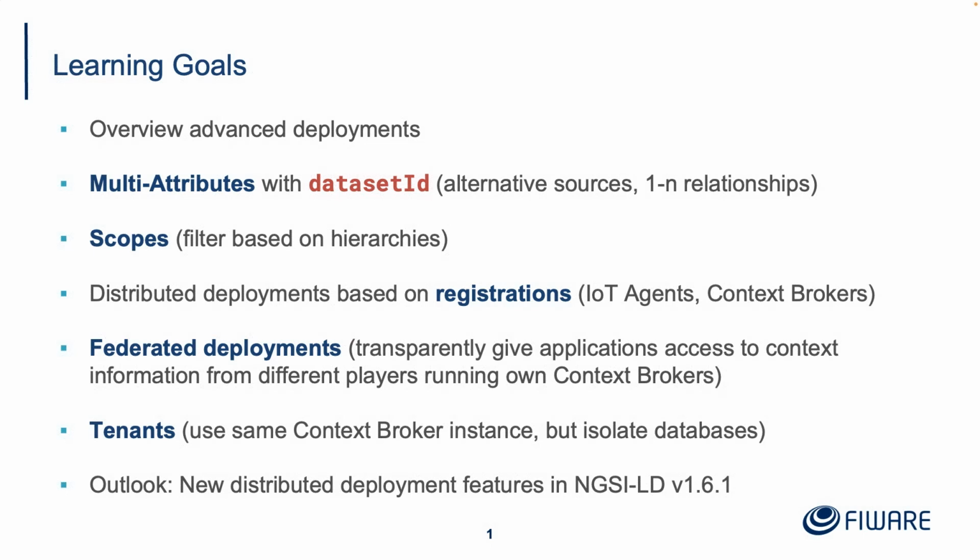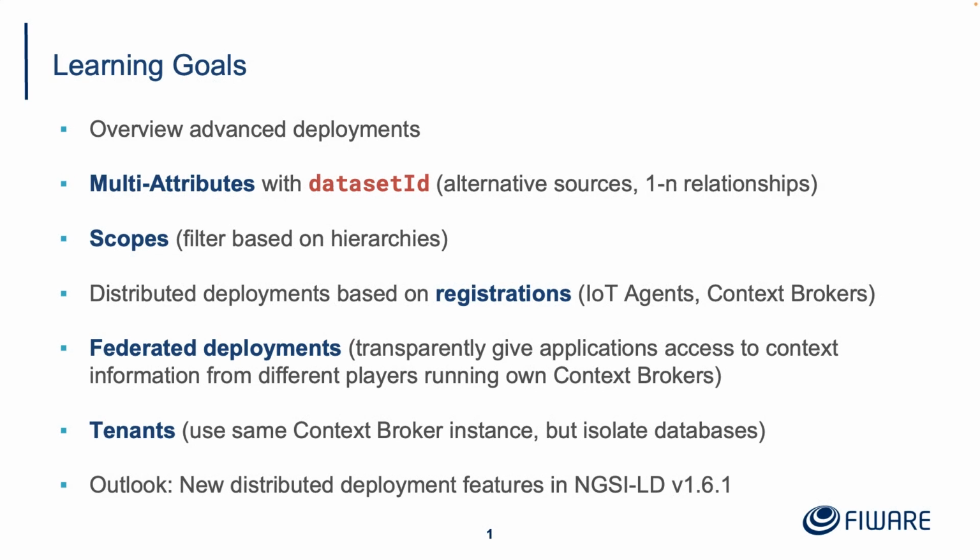So the overview for today is we're going to discuss various advanced deployments of arrays of context brokers, and a few of the features which are already well defined in previous versions of the specification, such as multi-attributes with datasetId, which is used for alternative sources and one-to-one relationships, scopes, and distributed deployments.